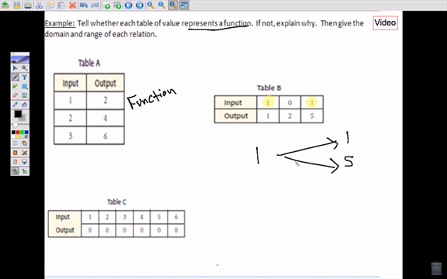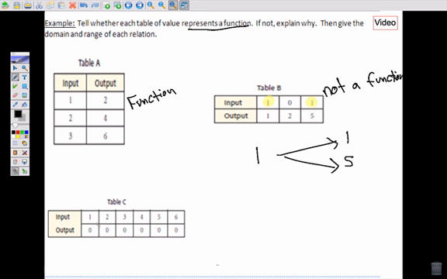Because an input of 1 gives you 2 different values, this is not a function. The input can only match up to one output. It can only give one output. And in this case, we have an input of 1 giving 2 different outputs.